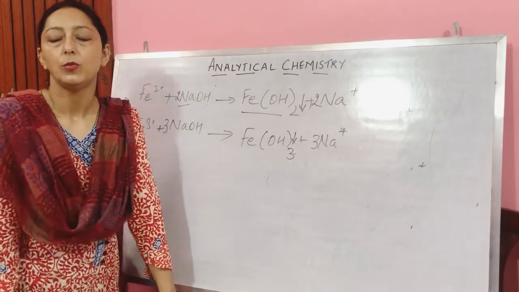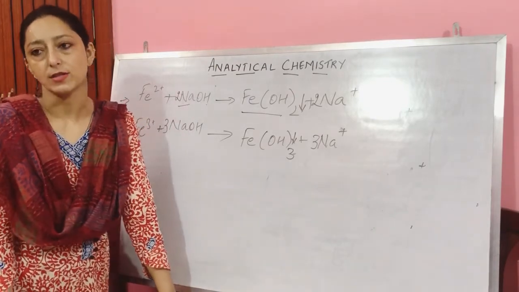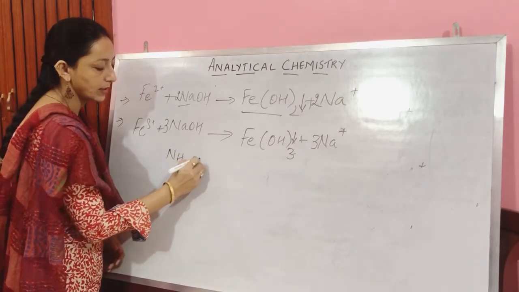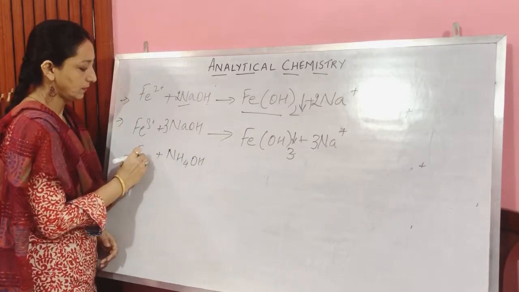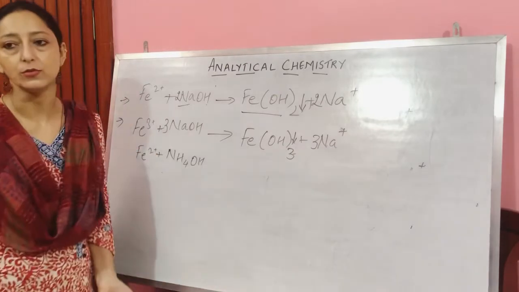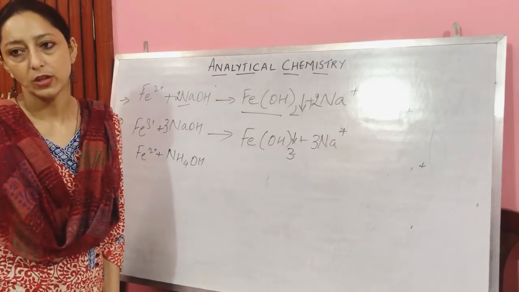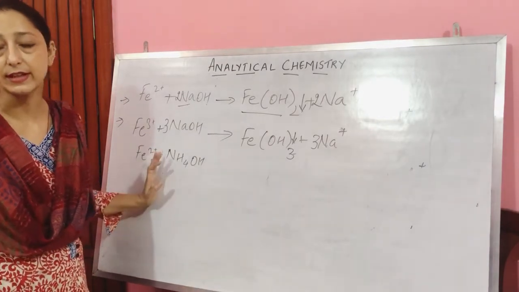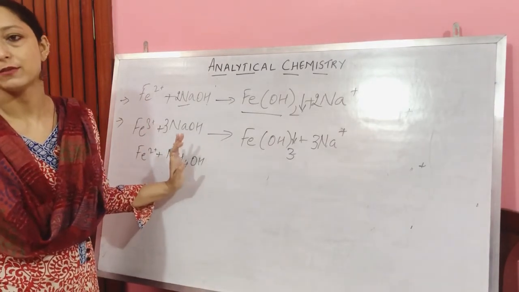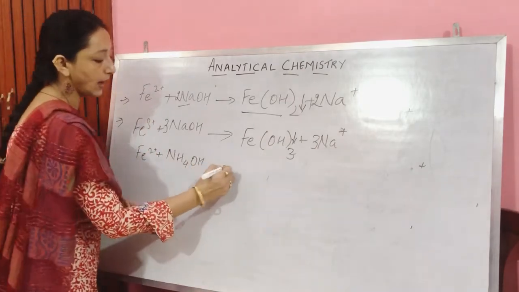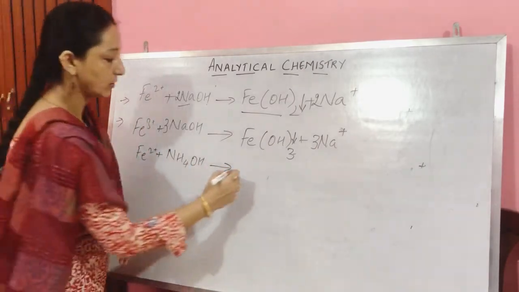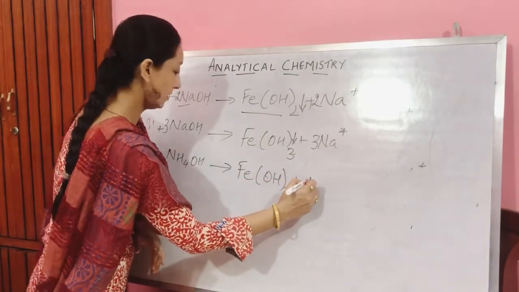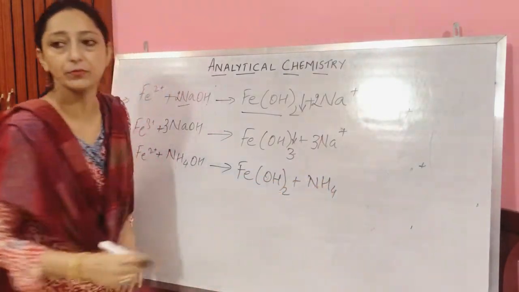Now, action of ammonium hydroxide, NH4OH. When ammonium hydroxide solution is added to a solution containing Fe2+ ions, it forms a dirty green precipitate of iron 2 hydroxide, Fe(OH)2, along with ammonium ions.